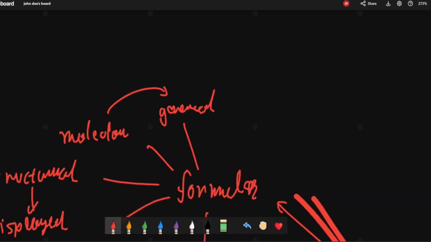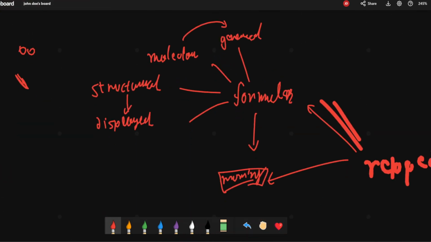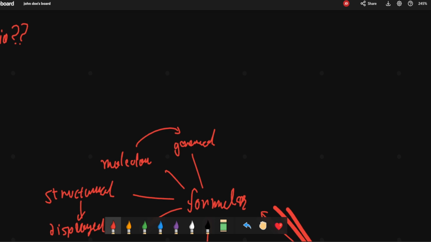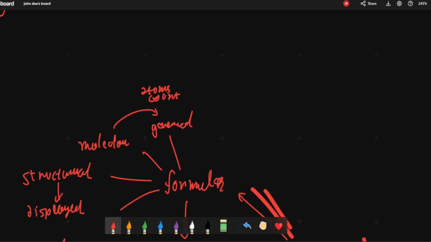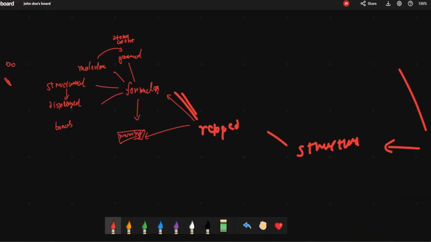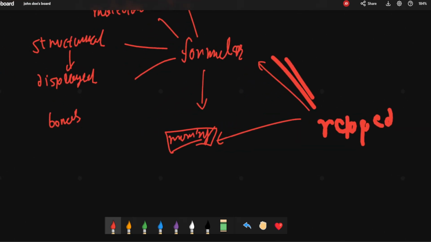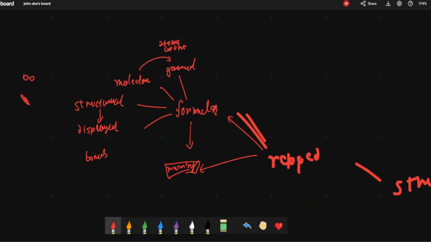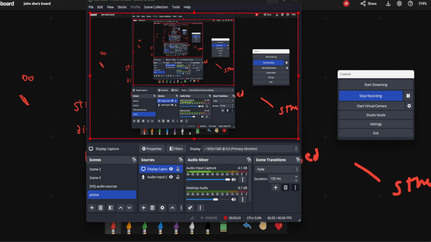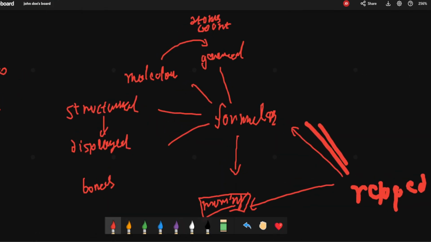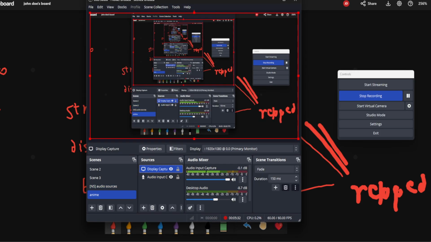So again, we have formulas which are important for displaying the bonds, and we have formulas which are important for showing us the atom count. And these are smaller, more condensed. Okay, hopefully my mic is better now.